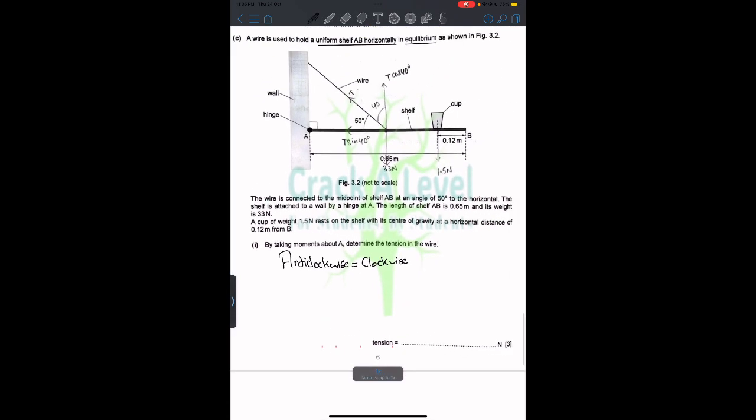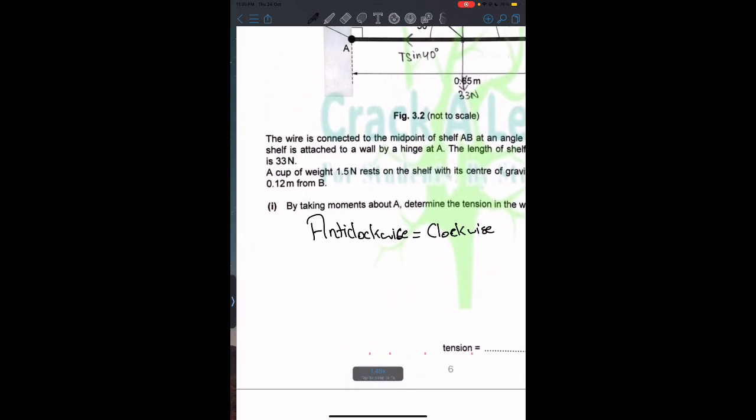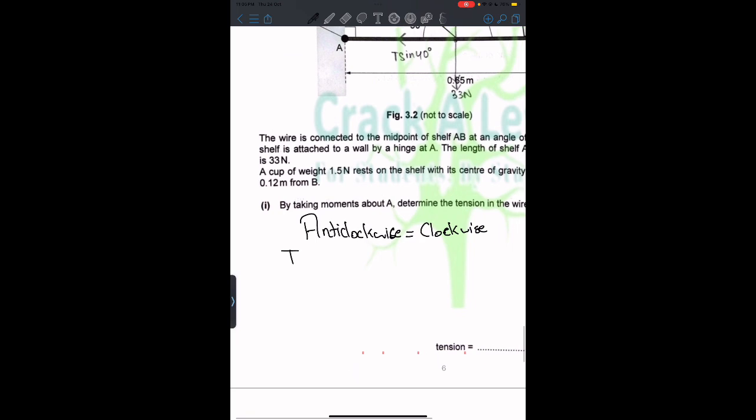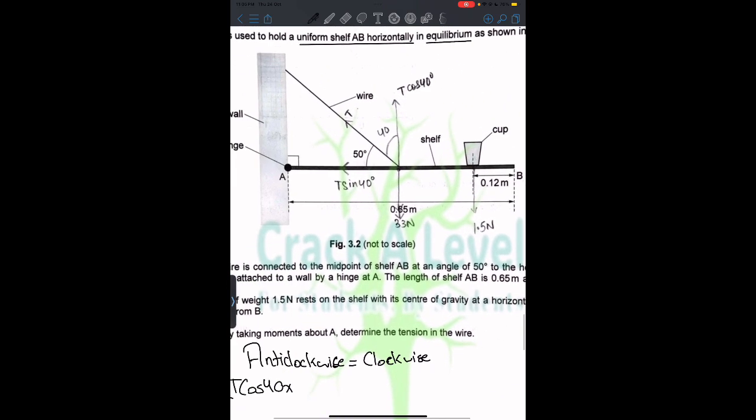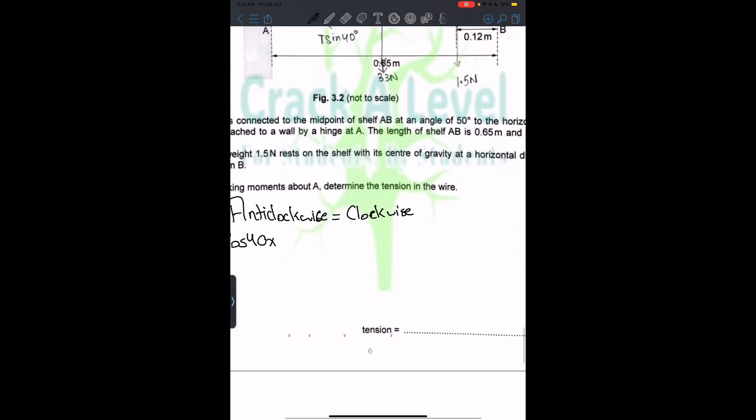So clockwise we have the force, which is T cos 40, and the perpendicular distance, since it is from the middle and this is a uniform rod, I'll do the total length divided by 2.